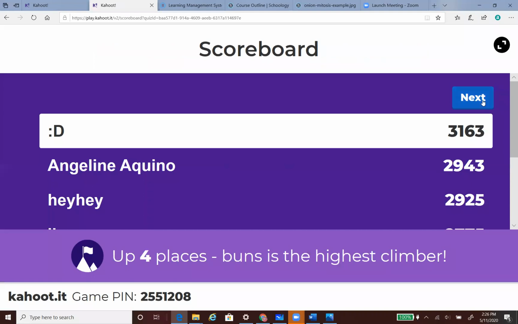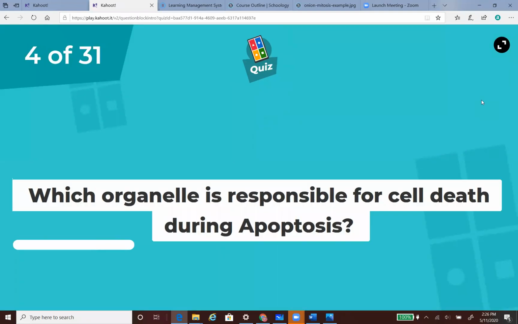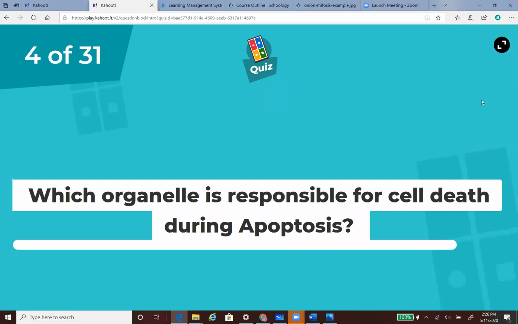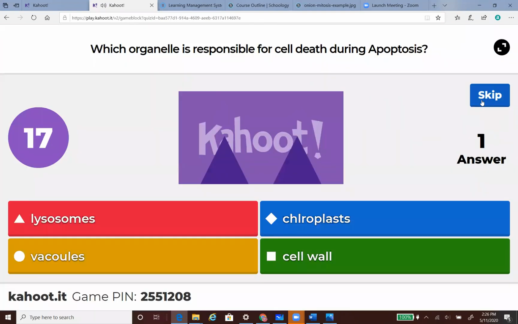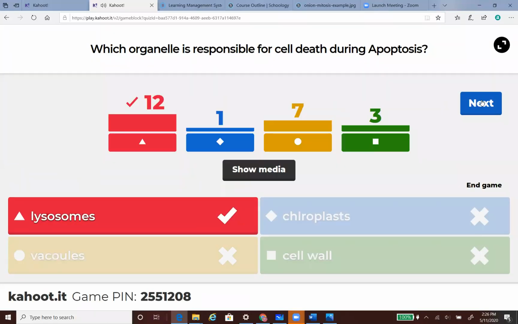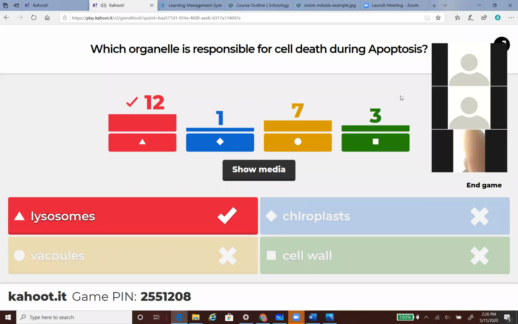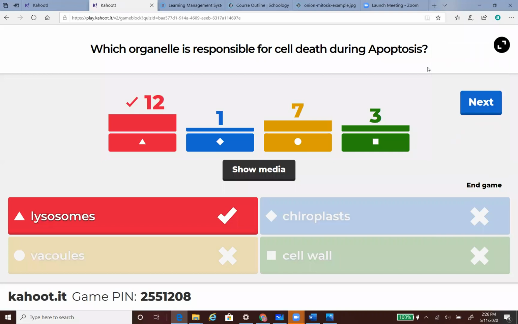Hey, it's in third place. Uh-oh. We talked about this. Think about the webbing between your fingers, or the lack thereof. All right, lysosomes. Okay, next question.